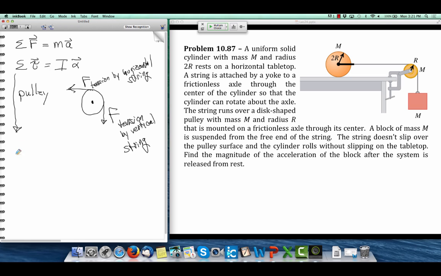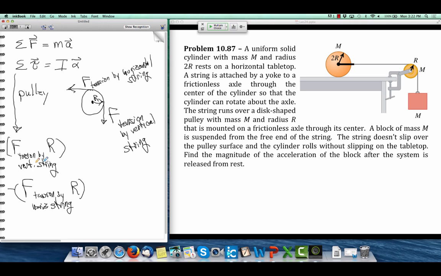You have a clockwise torque, tension by the vertical string times the radius of the pulley, that's this R right here, minus tension by the horizontal string times r, which is a counterclockwise torque. This tension by the horizontal string is trying to rotate it counterclockwise.